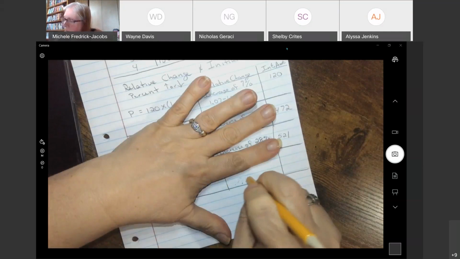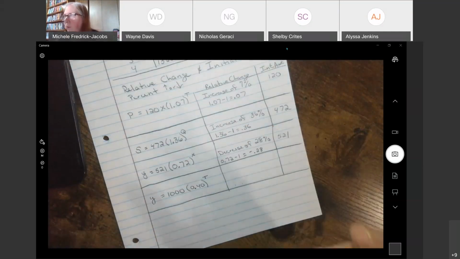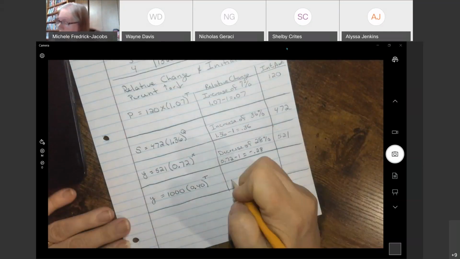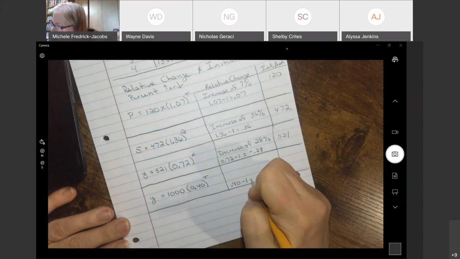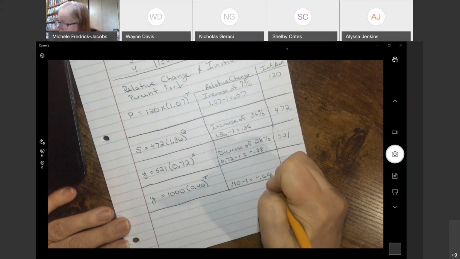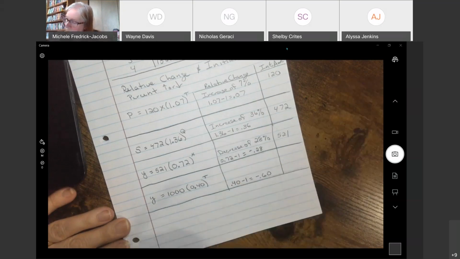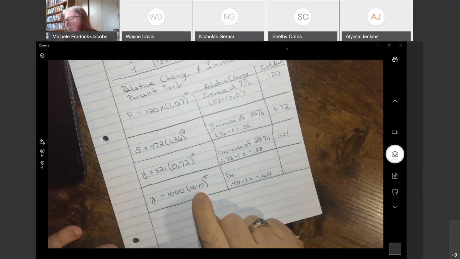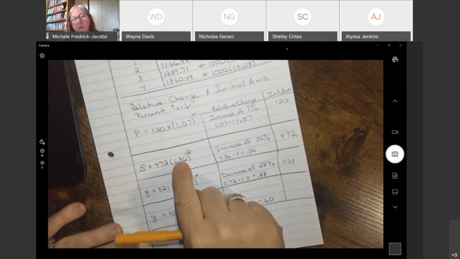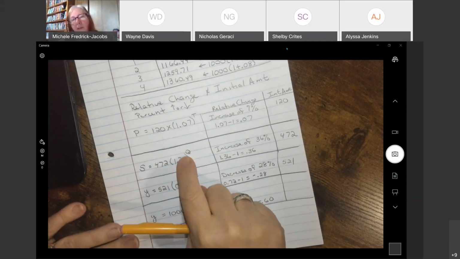Always subtract by 1 because then it gives you the positive or negative. The negative means it's a decrease, but you can always also tell if this is less than 1, it's a decrease. When it's greater than 1, it's an increase.